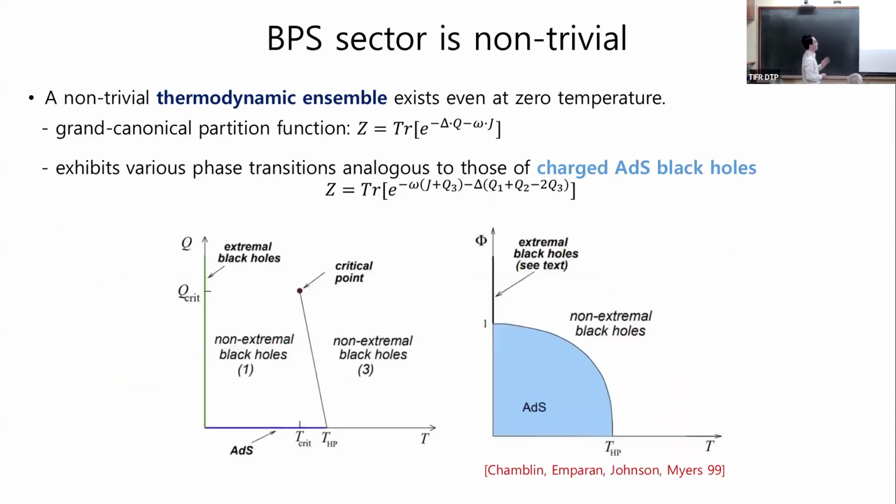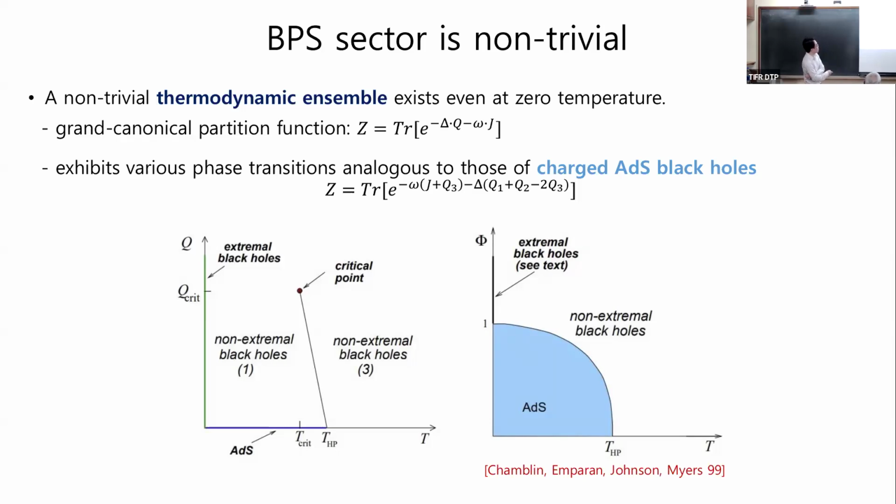In fact that's true, although it is not published anywhere, but in one of my notes I found that when you refine with two chemical potentials, you now consider the supersymmetric black holes having different charges, and you introduce a chemical potential for the difference of charges. And then you will see that it behaves very analogously to the charged AdS black holes.